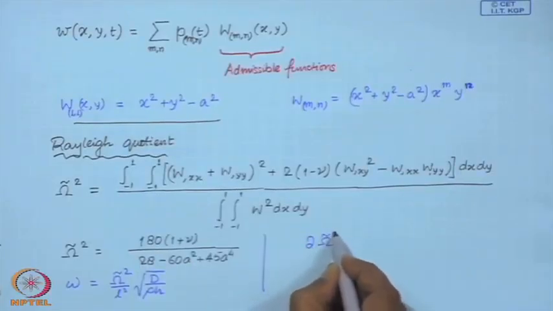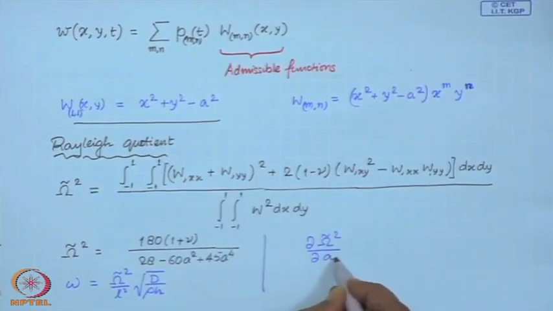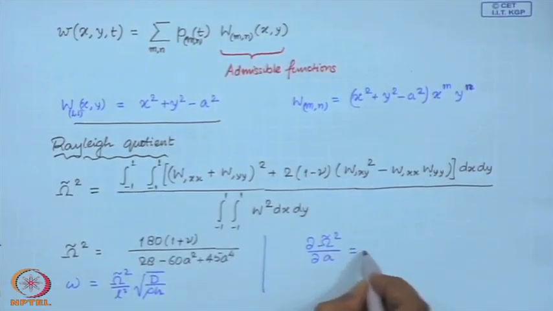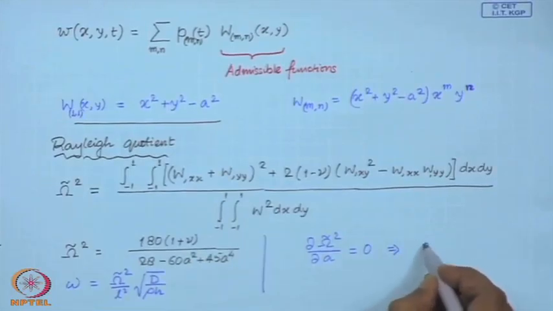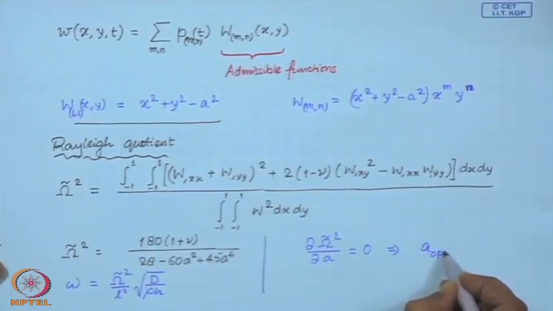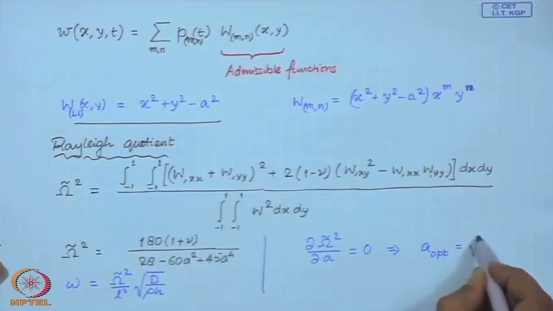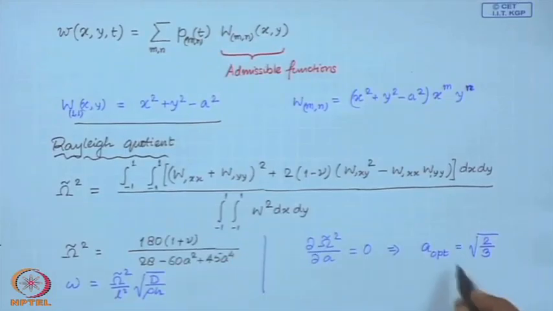To do that, you can make this stationary with respect to A, and that gives a value of optimal radius as square root of 2 over 3. Corresponding to this is the optimal, the maximum.